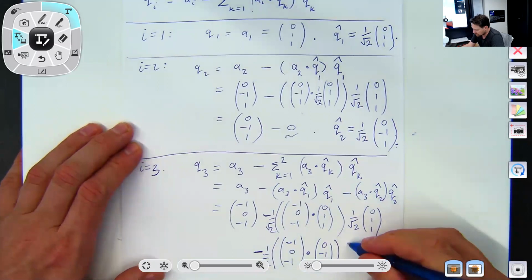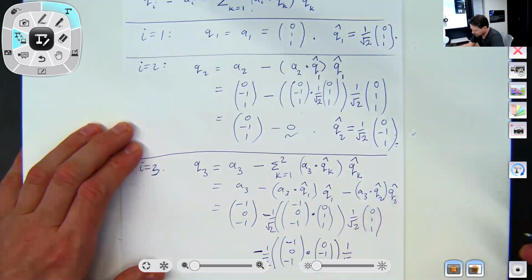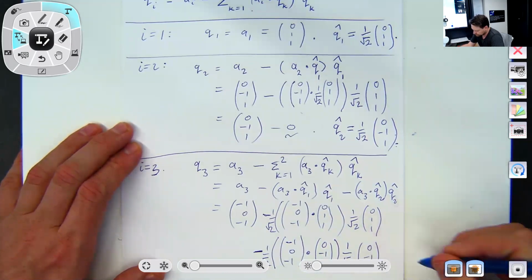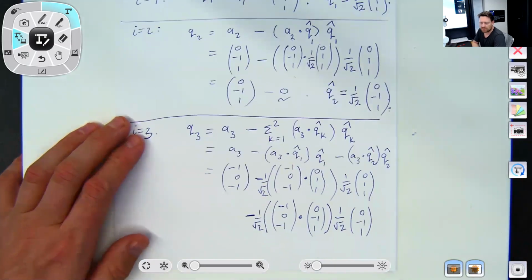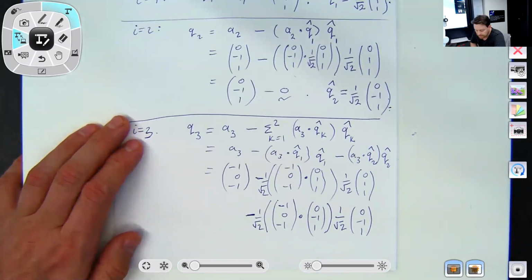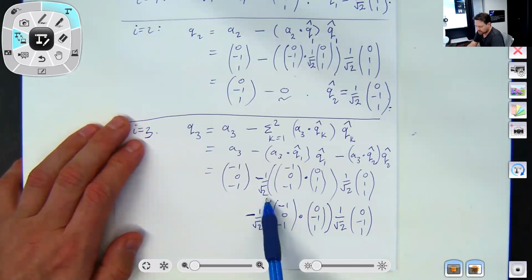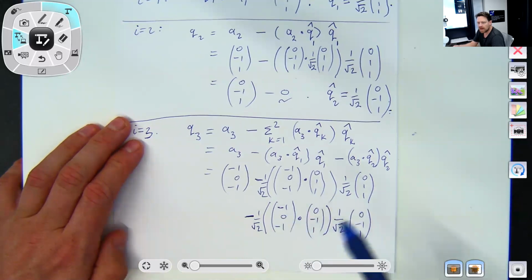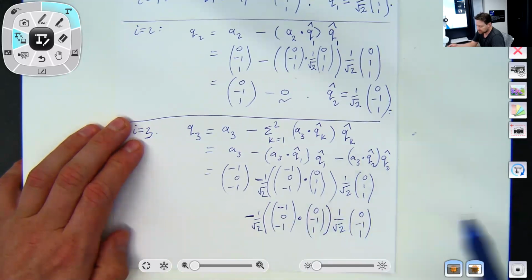And then we put Q2 hat, right? Yeah. 0, minus 1, 1. So we need to now calculate these dot products, simplify those. But notice here, we've got a 1 on root 2 and a 1 on root 2 there, so we can just view that product as 1/2, which simplifies things a little, and likewise here.